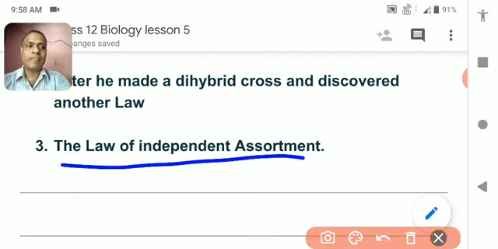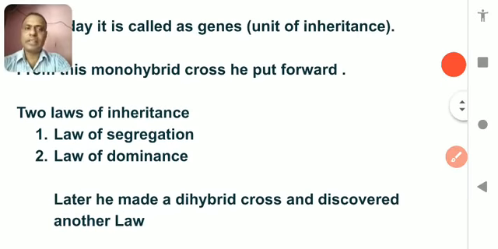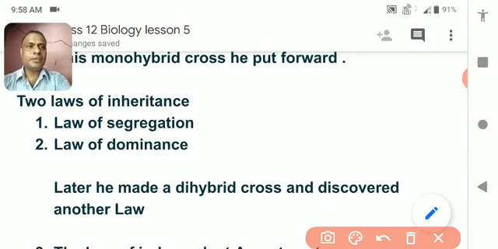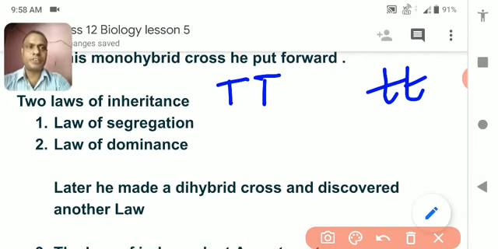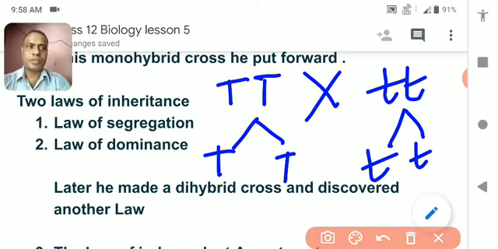So let's summarize this. In very short, what did he do? He took two plants, one capital T and another small t, and made a cross between them. The capital T gives gametes capital T, and the small t also gives gametes small t.